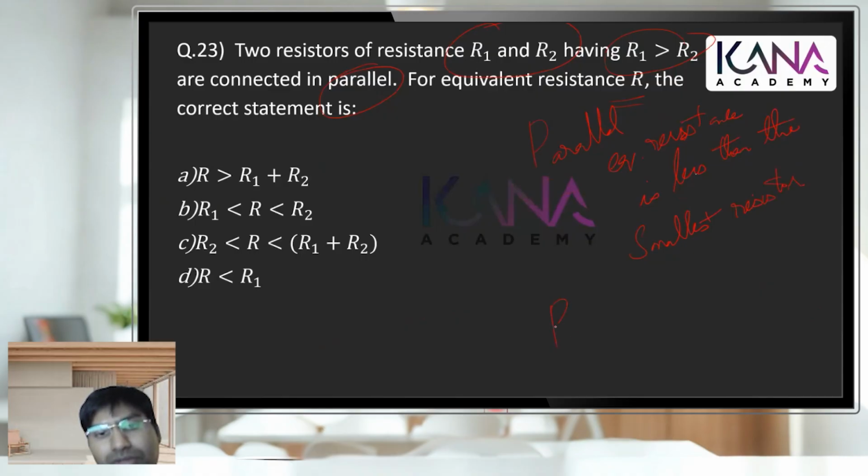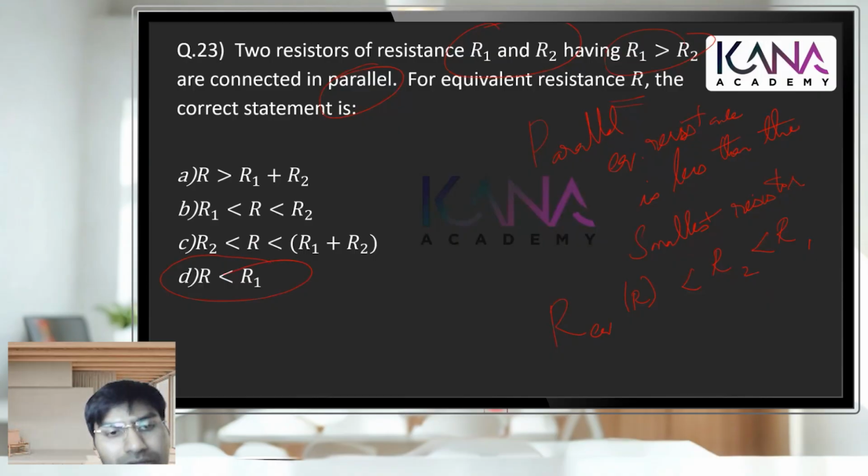So R equivalent is less than R2, and this should also be less than R1. Okay, so it's this one. This is the right relationship.